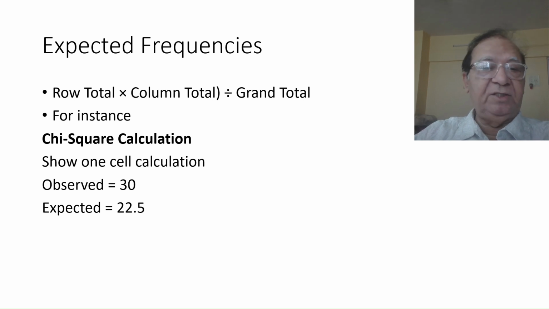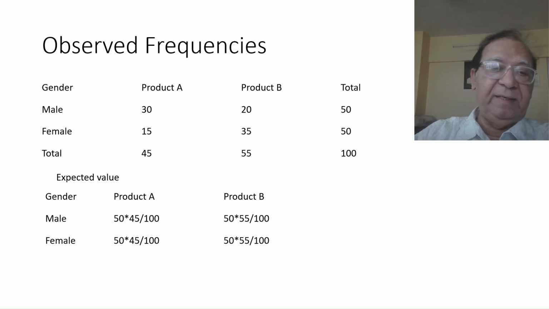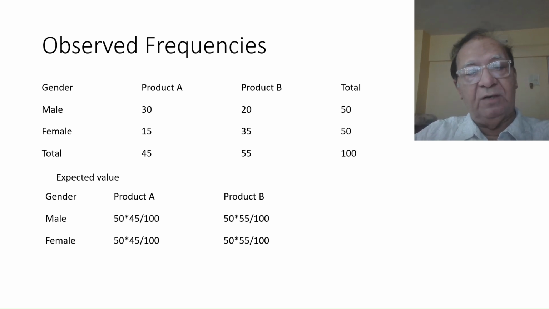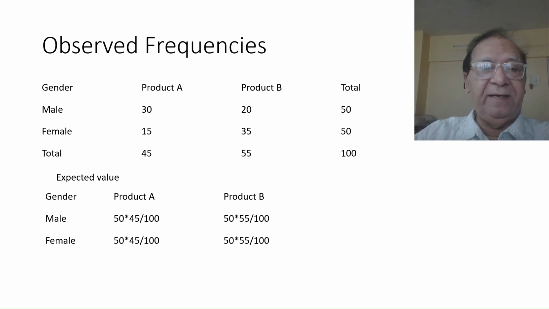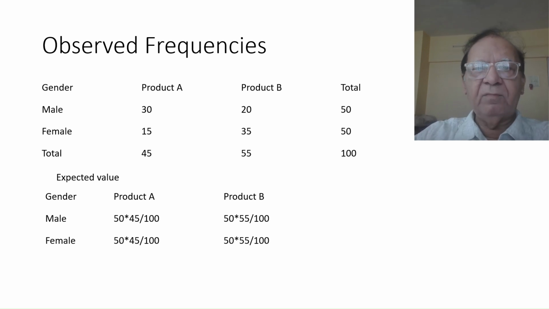observed frequencies are: male, product A 30, product B 20, total 50; female, 15, 35, total 50. On the column side, the totals are 45 and 55. Grand total is 100.